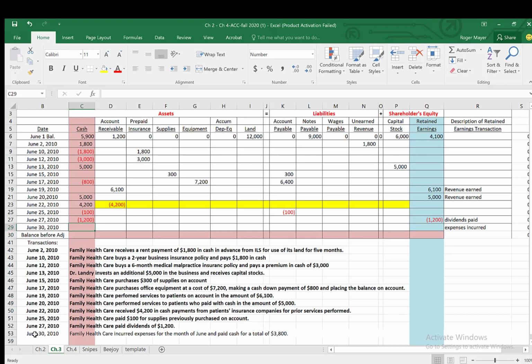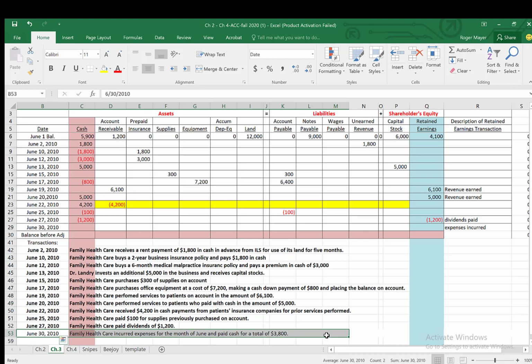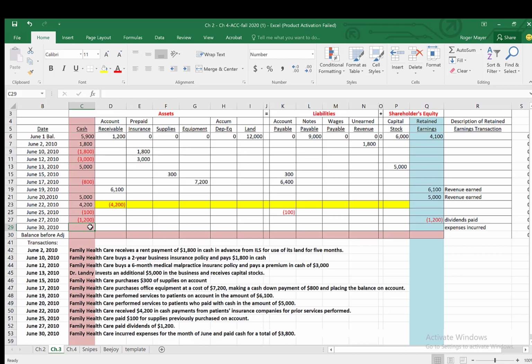Our last transaction relates to the expenses incurred during the month. We had expenses of $3,800, and these could be various expenses, but we're simplifying this as a single transaction. These were all paid in cash, so cash is going out the door of $3,800, and the expense relates to a reduction in retained earnings.